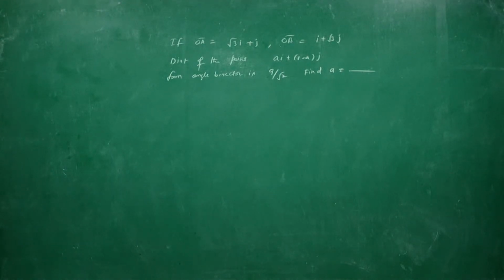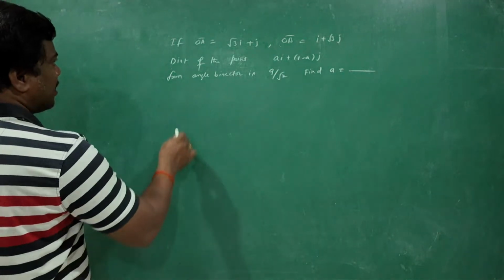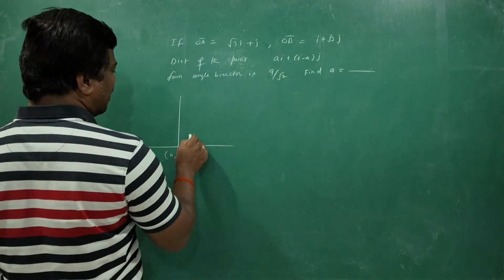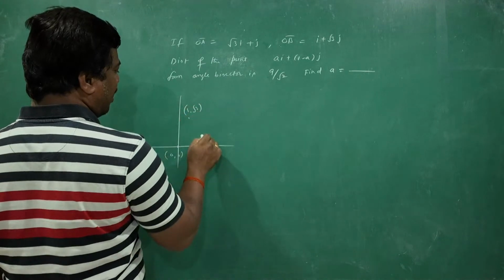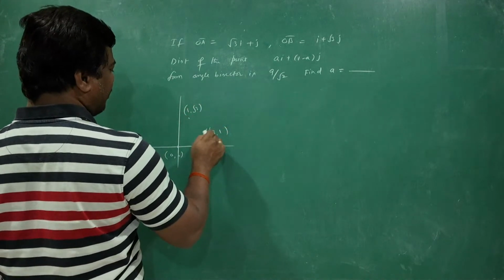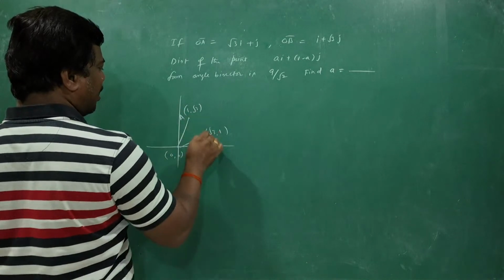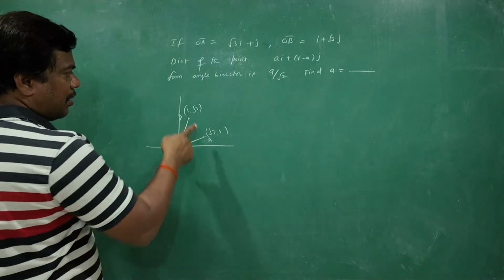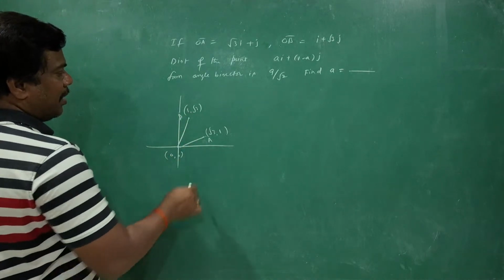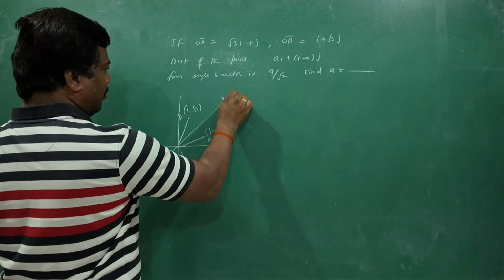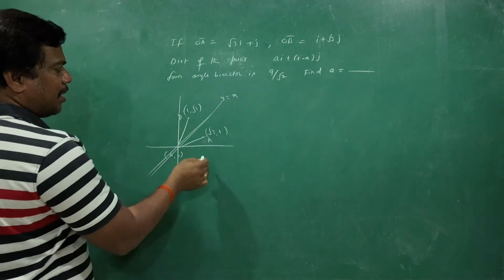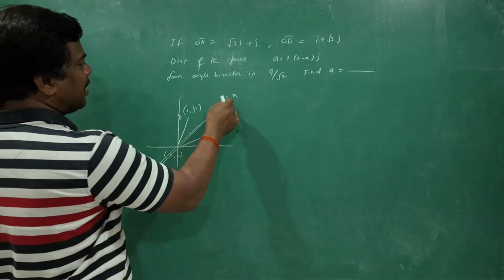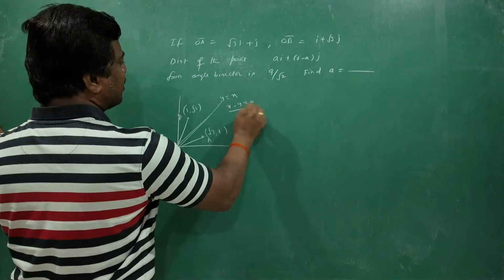Yes. See, 2-dimensional vectors are there. O is the origin, 1 comma root 3 here, and root 3 comma 1 here. This is OA, and this is A and this is B. X and Y are interchanged, so these two ordered pairs are mirror images about the line y equal to x. Therefore, the angle bisector is clearly x minus y equal to 0.